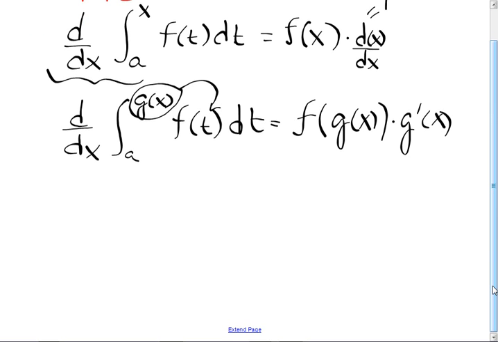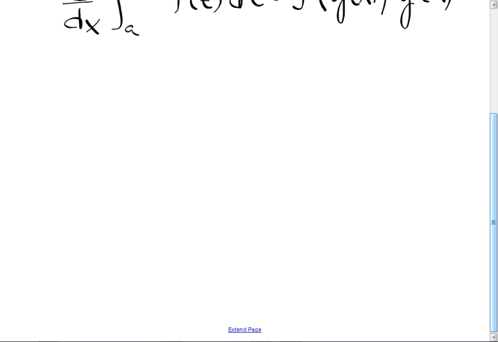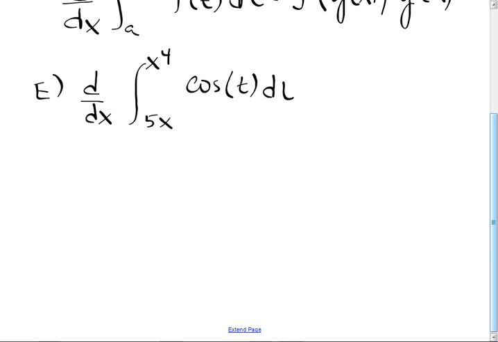So the question comes up, and I've never seen these on the exam, but on this worksheet I just gave you, it's d dx of this. You could integrate it, but why do that much work? That's too much work.